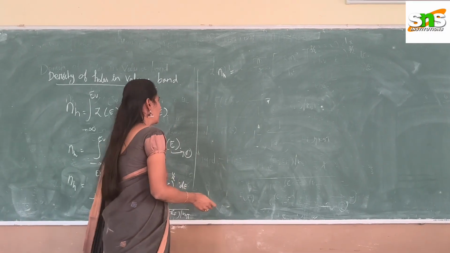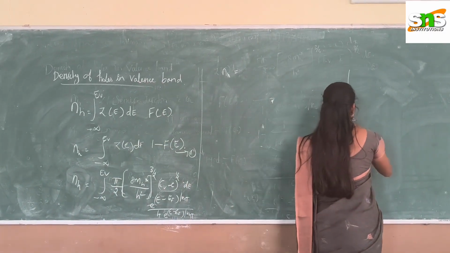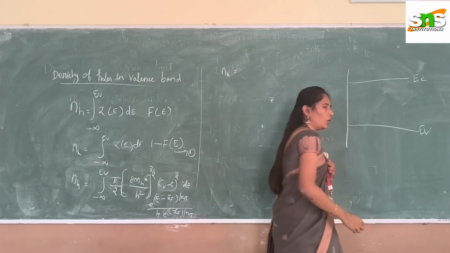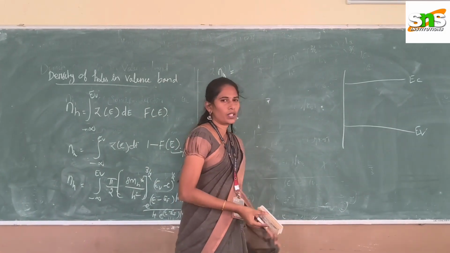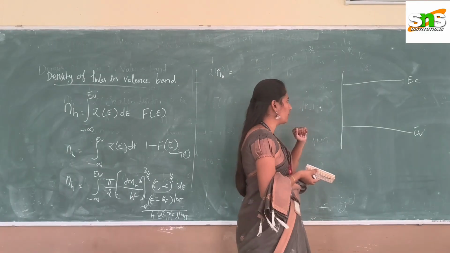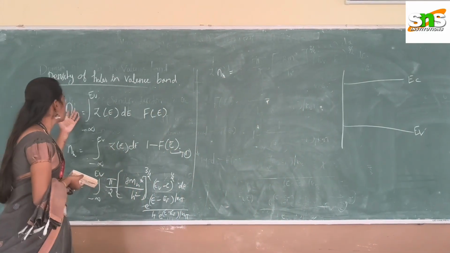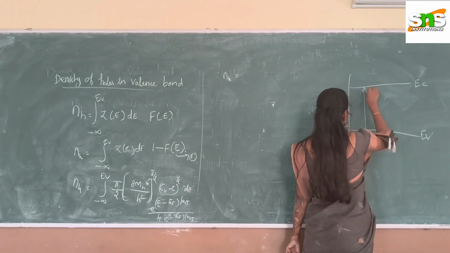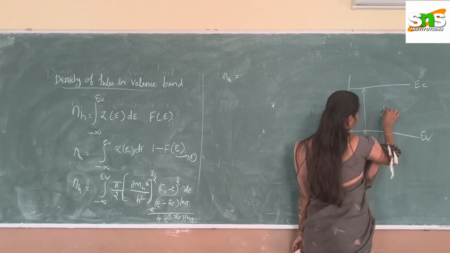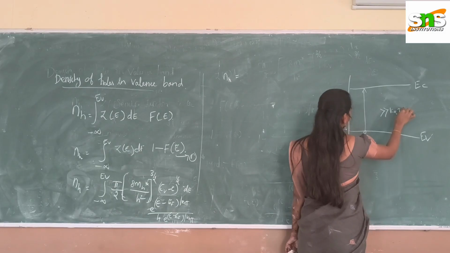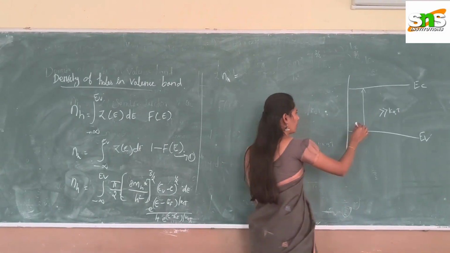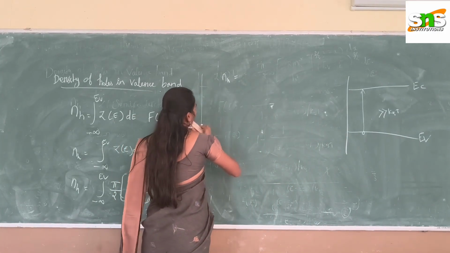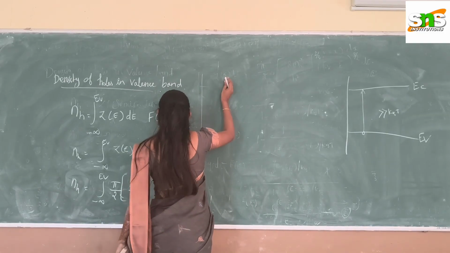so in this case, in very basic terms, at low temperature most of the electrons are present in the ground state energy level. So we find the value for the density of holes in the valence band. Electrons move from the ground state to the excited state, and the energy required is greater than or equal to kT. In this case, we calculate the value in the valence band.